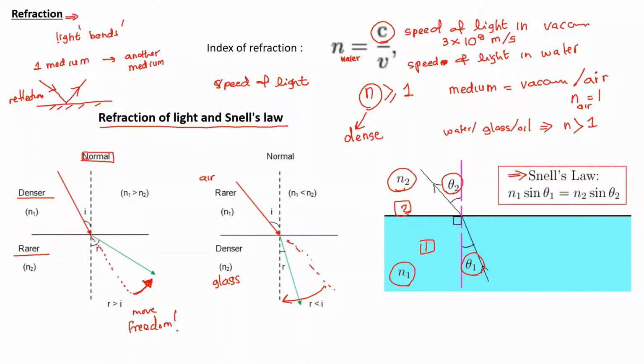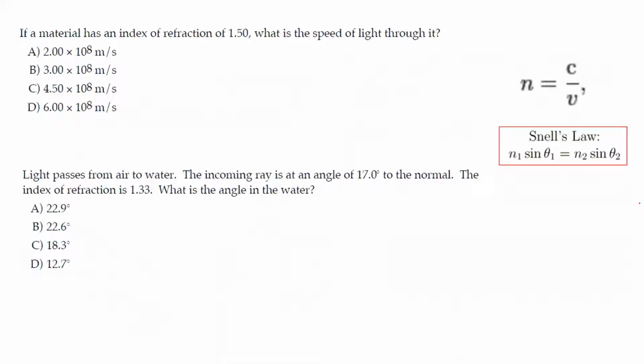So if I write Snell's law, I start with the index of refraction of this medium, n1, times sine of the incident angle, theta 1, in this medium. In the second medium, it will be n2 times sine theta 2. So it is very easy. Are you okay with this? Okay, now let's go to our first two problems.